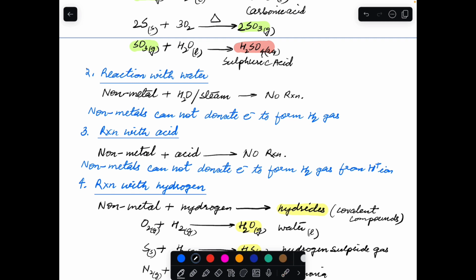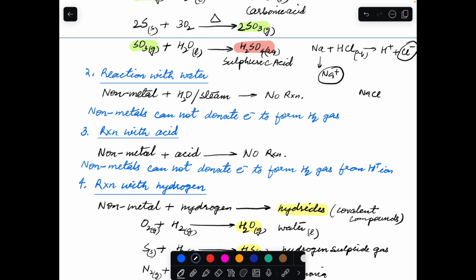You remember in the case of an acid, for example, hydrochloric acid solution. What is a hydrochloric acid solution? We will have H+ ions and Cl- ions. When we treat this with a metal like, for example, sodium, sodium will convert to Na+ ion, and this Na+ ion will combine with Cl- ion to give you NaCl.